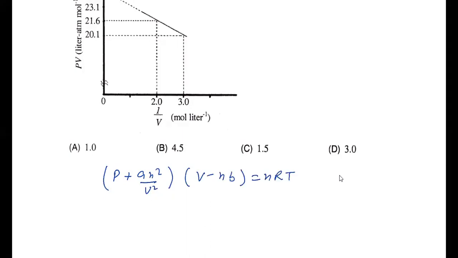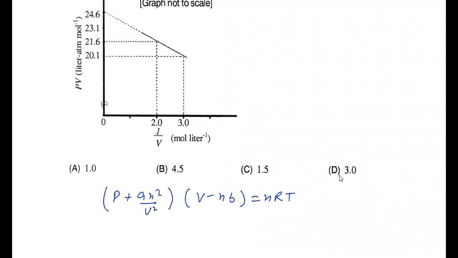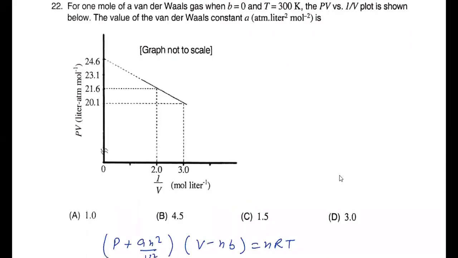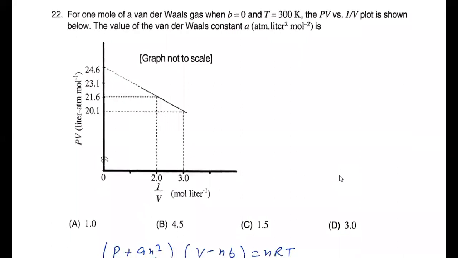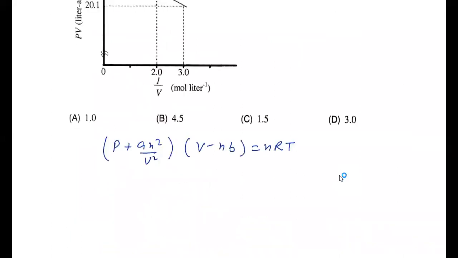And if you see in the graph, 1 by V is given in moles per liter. That means the graph is given for molar volume. So if you put B equal to 0, then our equation will be P plus A by Vm square into Vm is equal to RT.